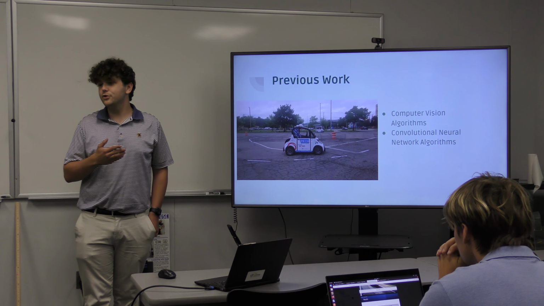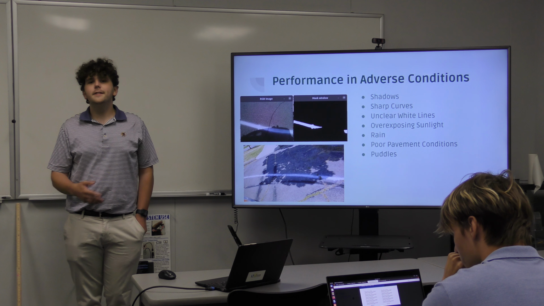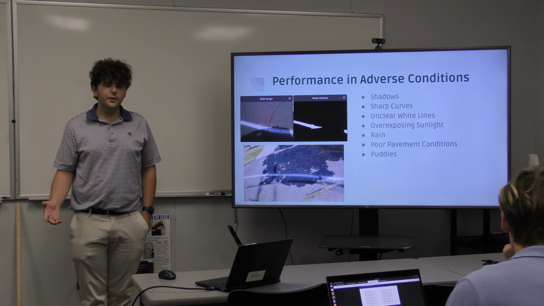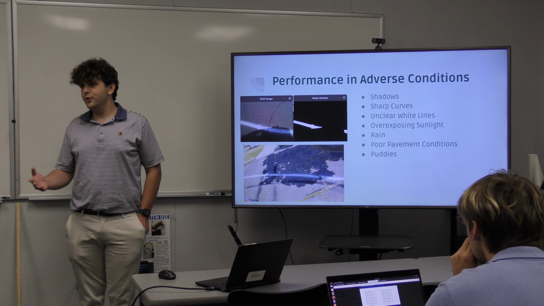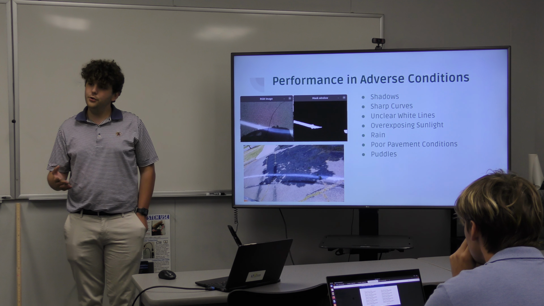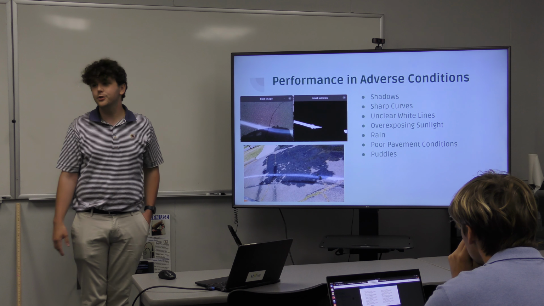So for our project specifically, we had a few objectives and goals. The biggest one was to improve performance in adverse conditions, specifically with shadows. If you look at the image in the top left corner, you can see that as the car is driving, it creates a shadow on the line that we are trying to detect. So with computer vision, when you go through and do your thresholding, there is a gap in the line because of the shadow that's created.